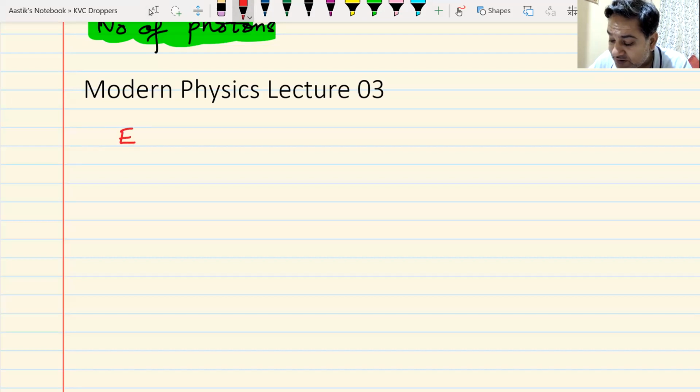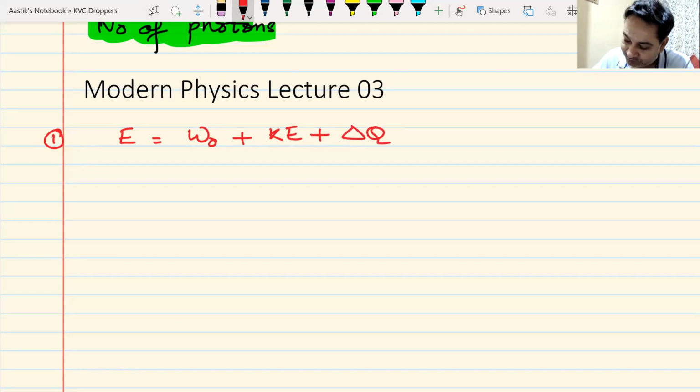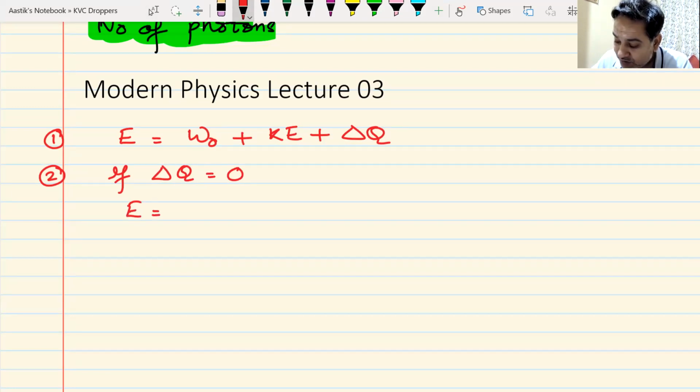The original form of the Einstein equation, form number 1, is E equal to W naught plus kinetic energy of the electrons plus delta Q. Do we understand this first equation? Yes, sir. Equation number 2 I make when delta Q, the energy lost in collision, is 0. Then I have this revolutionary equation coming up, W naught plus maximum kinetic energy.